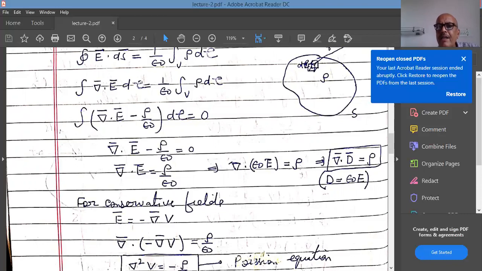Now we have already studied that gravitational fields and electrostatic fields are conservative fields.